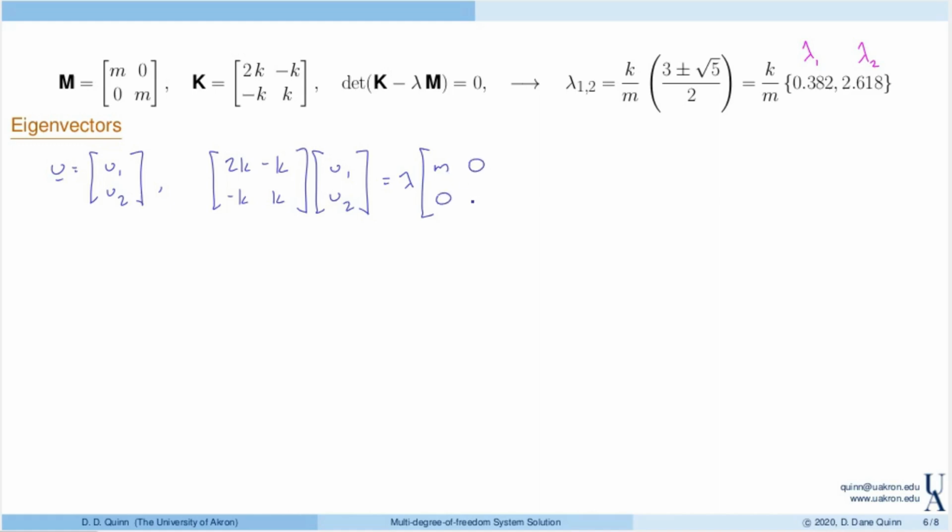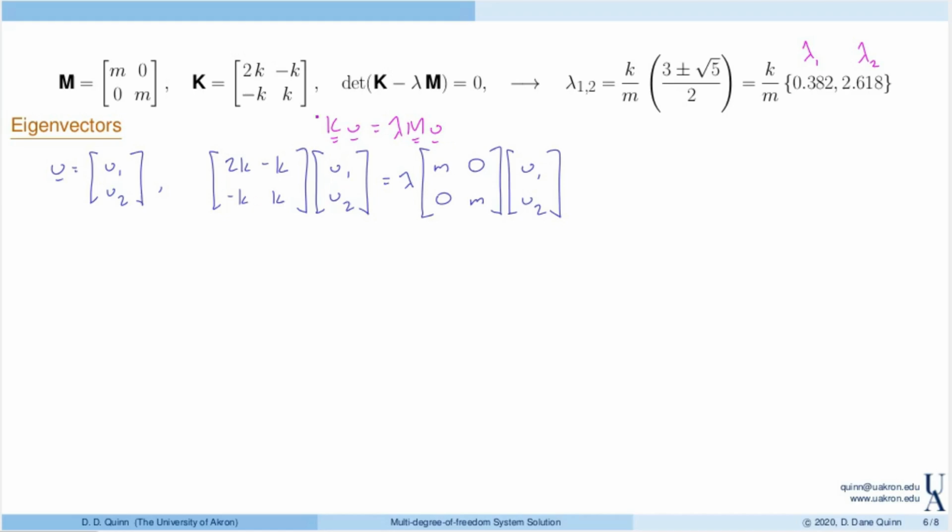So the mass matrix is just diagonal here. And then u1, u2. All right, so again, this is ku equals lambda times m times u.